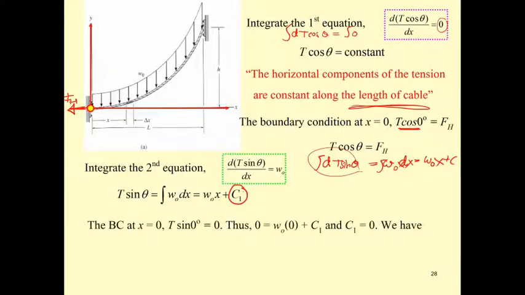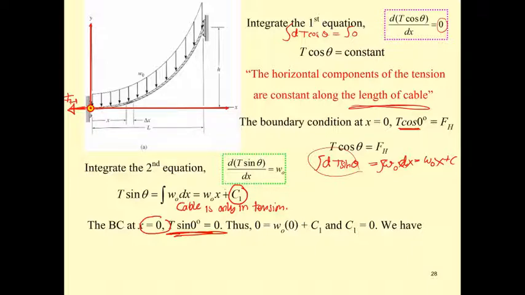Okay, at the boundary condition of x equal to 0, there is no vertical force because the cable is only in tension. It is a two-force member. That means the component of force is only horizontal, no vertical.